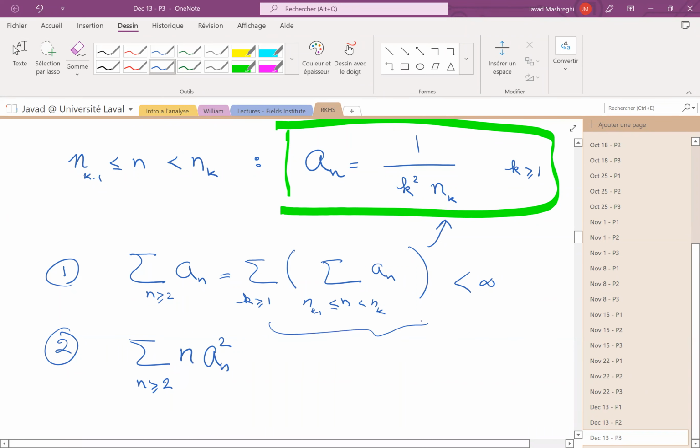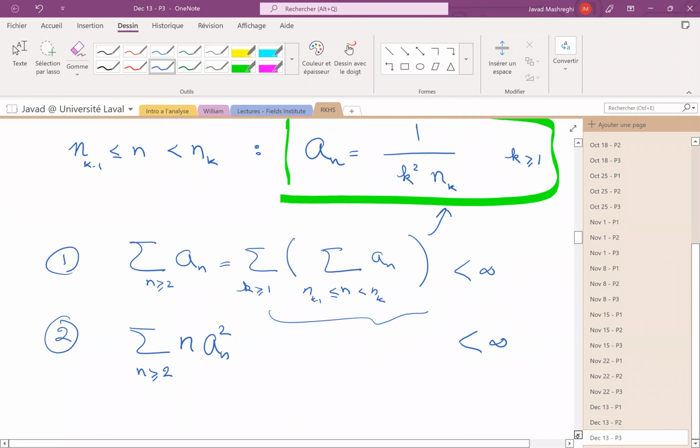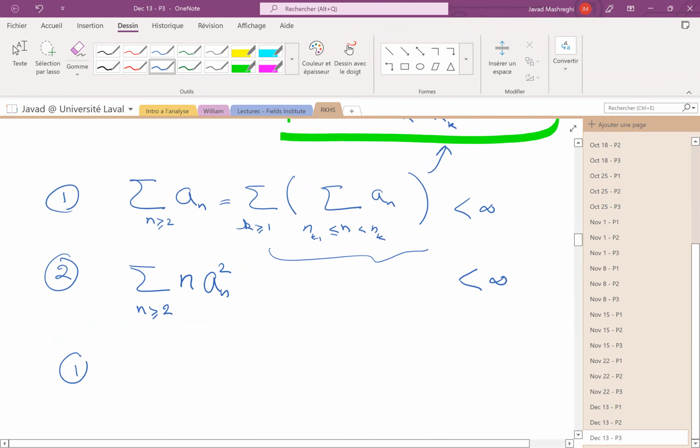When you apply this strategy to the second series, it will be like the sum of 1 over k to the power 4. This one is 1 over k squared, this is 1 over k to the 4. It's even better convergence, faster. So this one is also finite. So 1 and 2 together show that f is in the Dirichlet space.